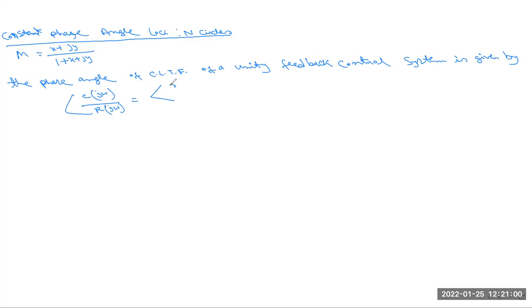So we have easily written this is equal to (x plus jy) by (1 plus x plus jy). And this is equation number 1.